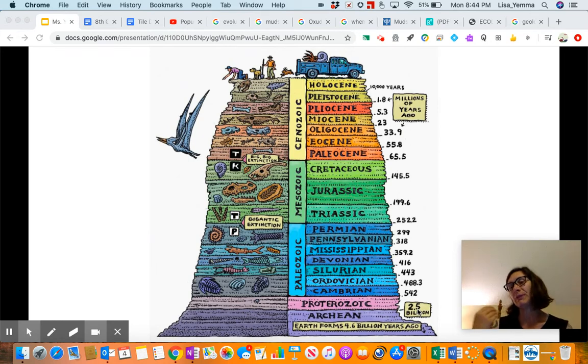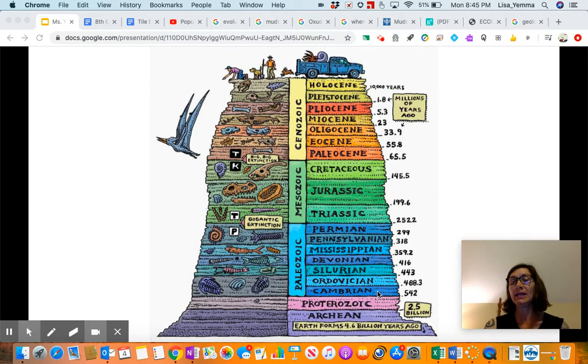At first, there were some bacteria and some things in the water, and then all of a sudden we had this explosion of life in the Cambrian. We've got three main geologic eras: the Paleozoic era, the Mesozoic era, and the Cenozoic era. And within the era, we've got periods. So that Paleozoic, the oldest is the Cambrian, and that's when that explosion of life took place.